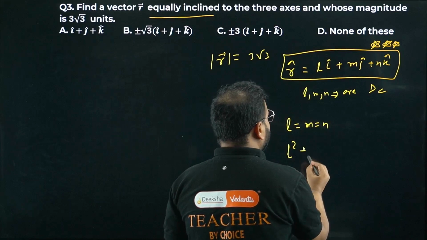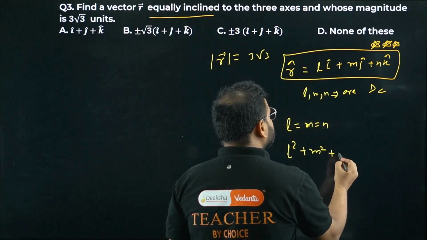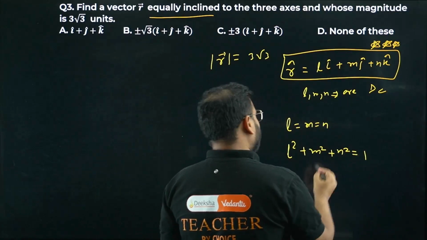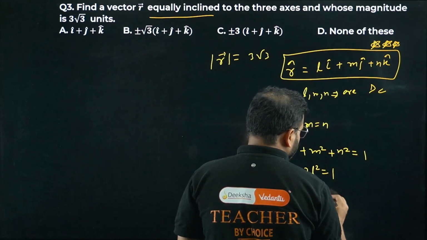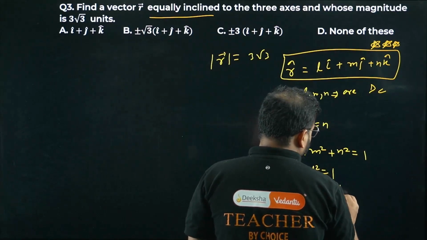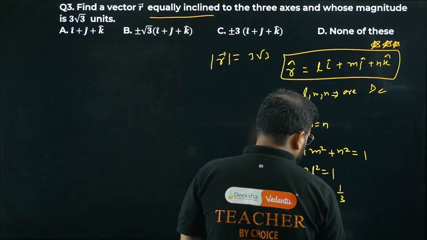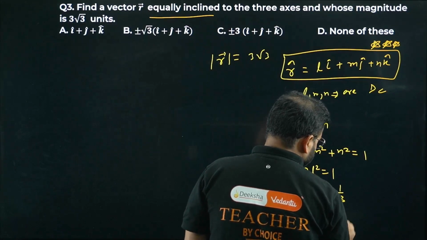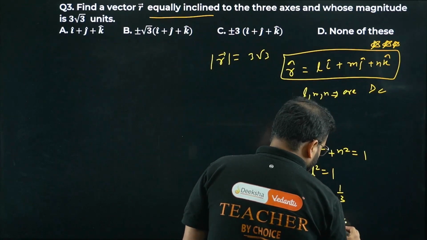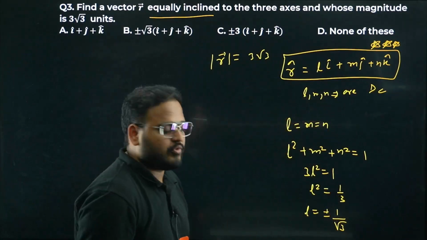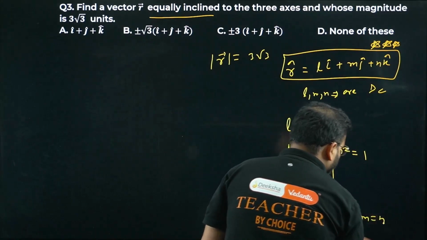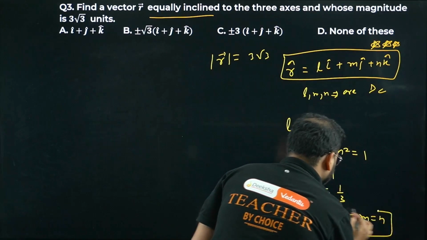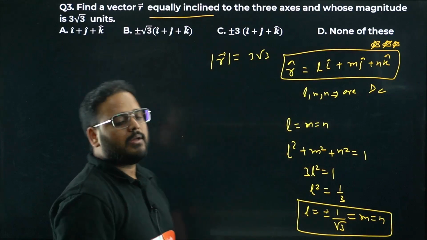We also know that l square plus m square plus n square is 1. From here I get 3 times l square equals 1. So l square equals 1 by 3, giving l equals plus minus 1 by root 3. This is also equal to m, and also equal to n.